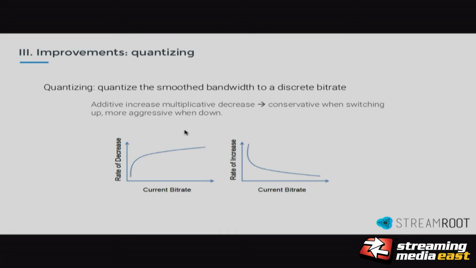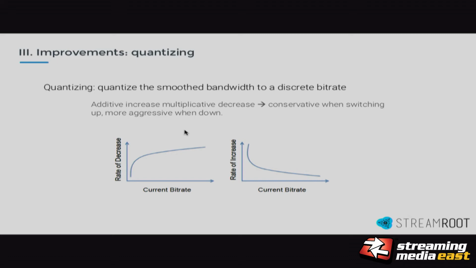After smoothing out that bandwidth, we're then going to quantize that with some sort of coefficient in order to arrive at a discrete bit rate. And as a general rule, again, we want to be more conservative when switching up when we're at higher and higher bit rates, and then more aggressive when switching down.